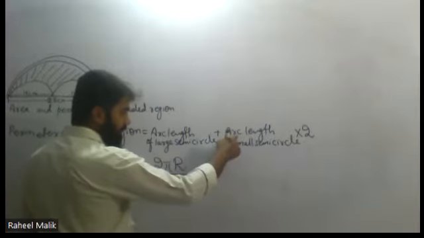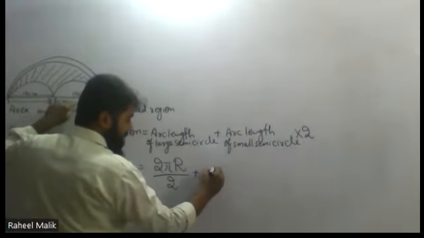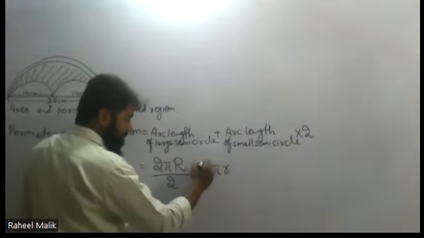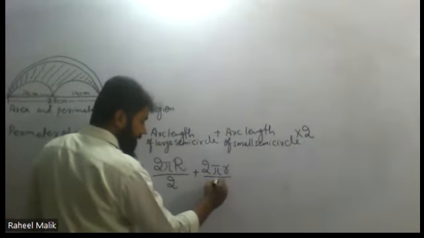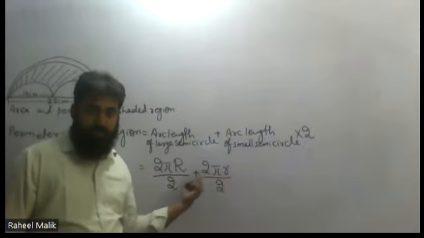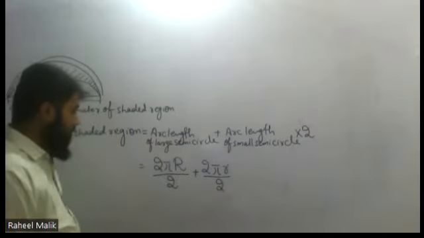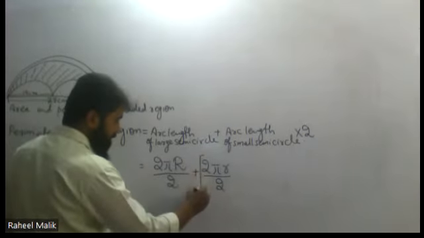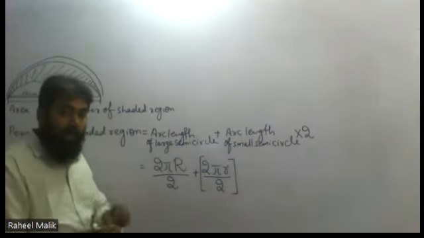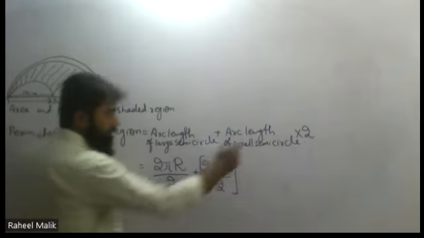Same thing will happen over here. Arc length of a small semicircle. For a small semicircle, I am taking the radius as small r. Circumference of a circle is 2 pi r. I am having a semicircle, so I will be dividing it by 2. You can do the cancellation and directly write arc length equals pi r, or you can write it in this form. Both are fine.